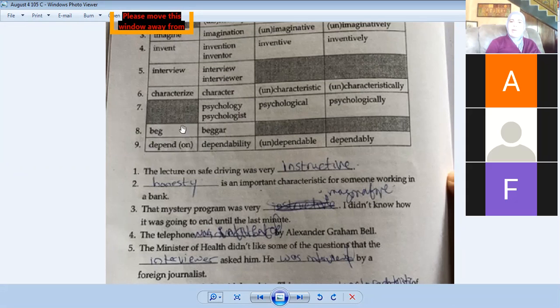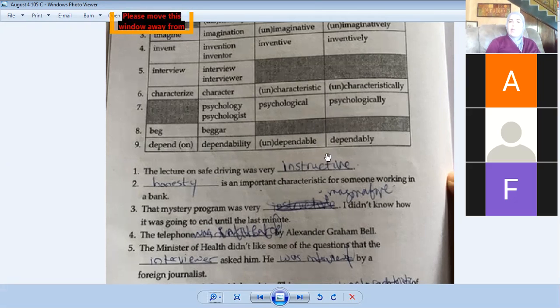Depend يعتمد, right? We all depend on our parents for love and support. Dependability here is what? Is a noun. Okay, عملية الاعتماد, all right? Undependable or dependable, it's an adjective here, okay? صفة جاية هون. Dependably is what?